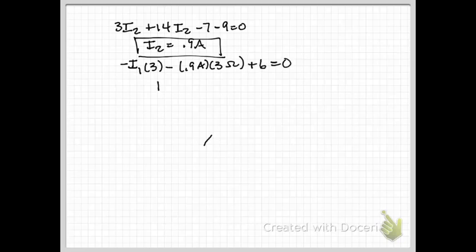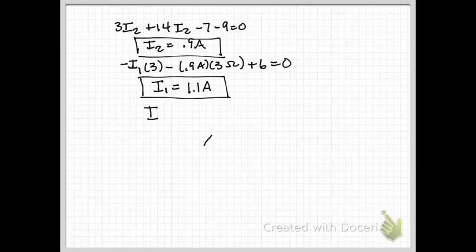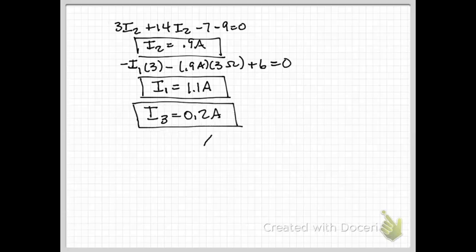And if you work through all that, you get I1 is equal to 1.1 amps, and since I1 has to equal I2 plus I3, I3 ends up being 0.2 amps.